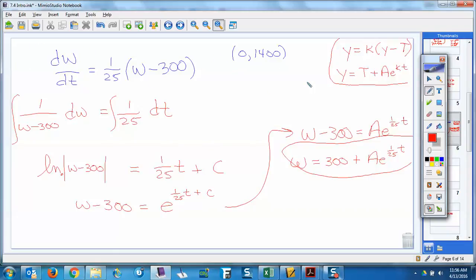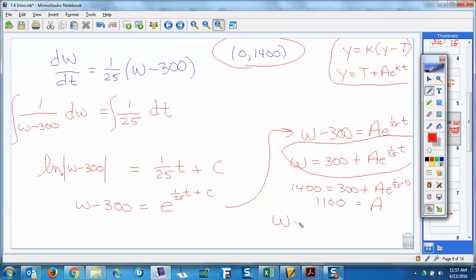Oh, by the way, I forgot on this last one, if you're given an initial condition, right, you would plug that in. So we'd put a 1400 in here: 300 plus a e to the 1/25th times 0. e to the 0 is 1, so a would be 1100.